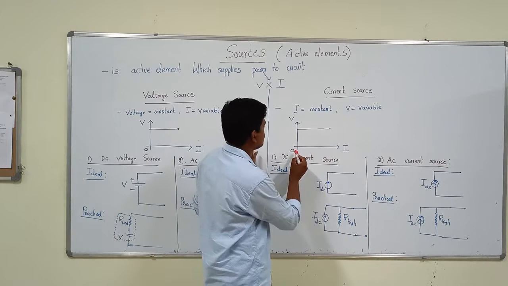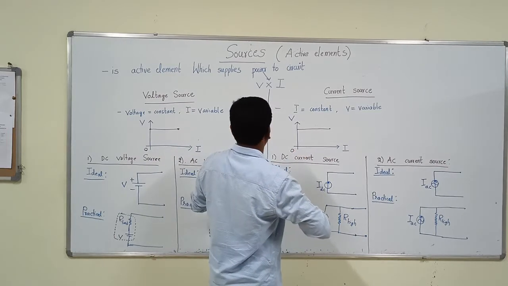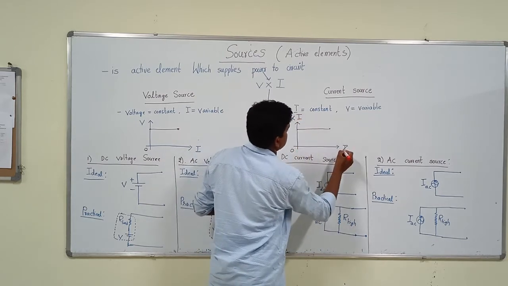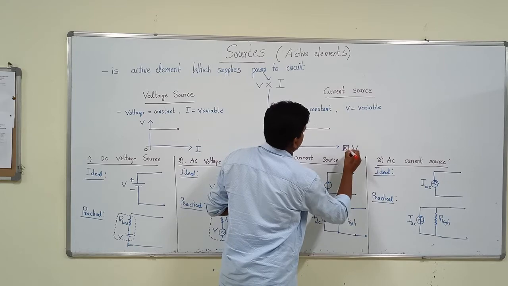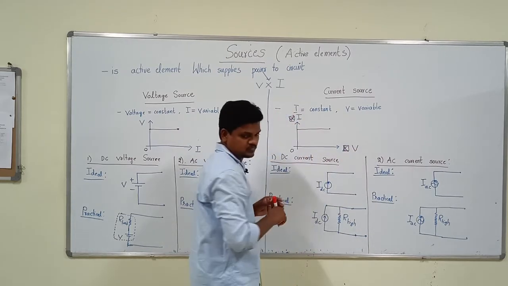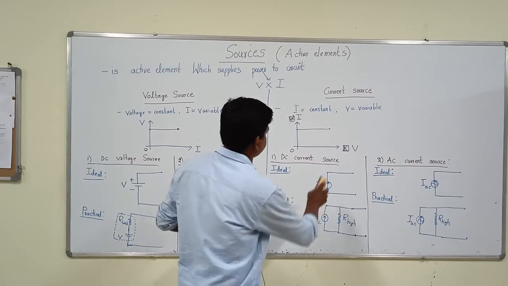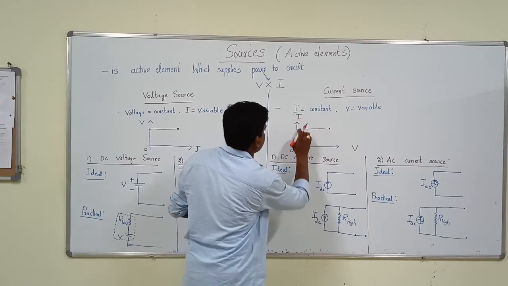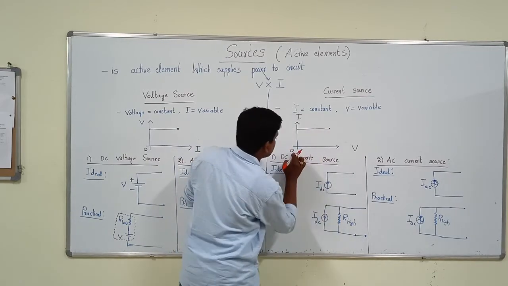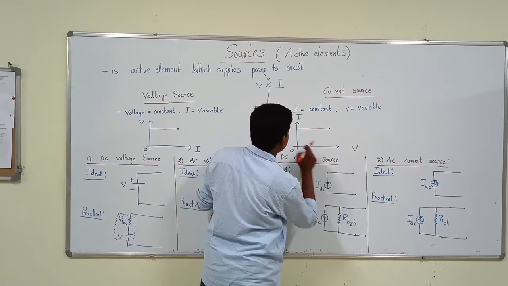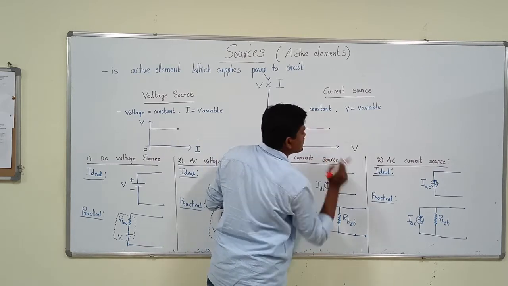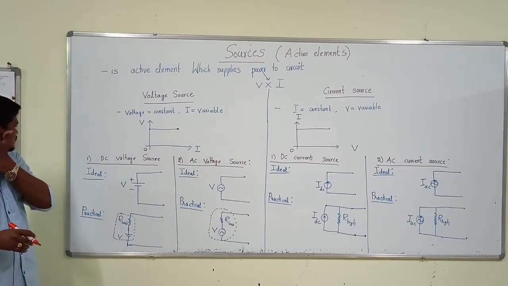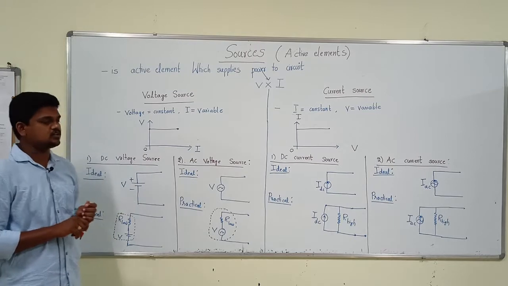This is a modification: this is I and this is V. For the current source, the current is constant and the voltage varies from 0 to some value, but the current is always constant. Practically it has some difference, but ideally this is the case, understand, right.